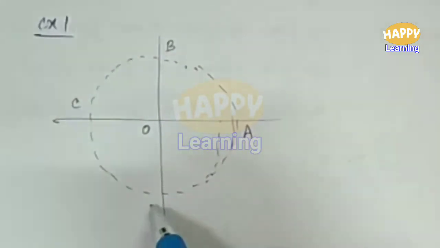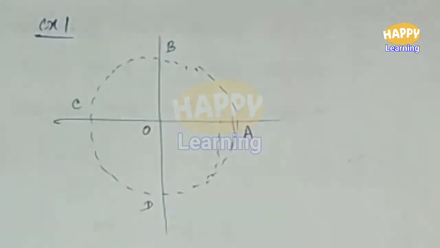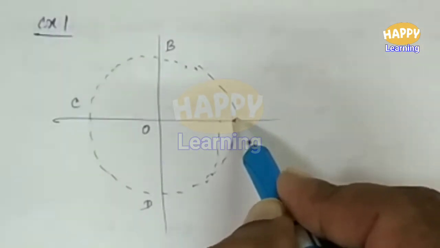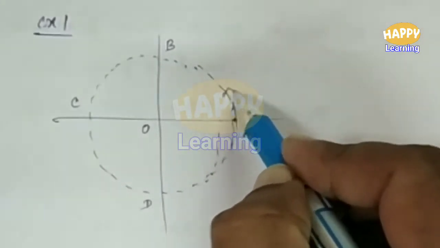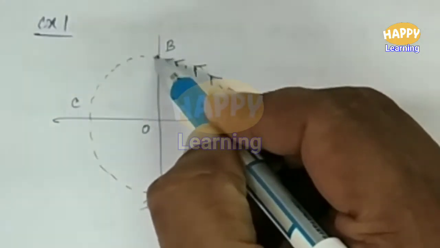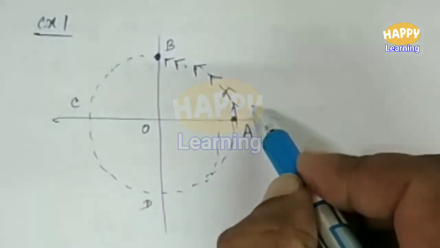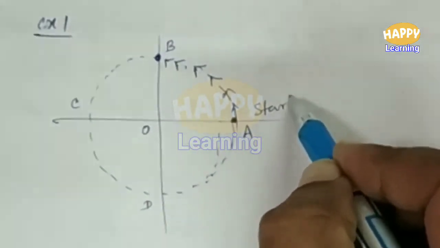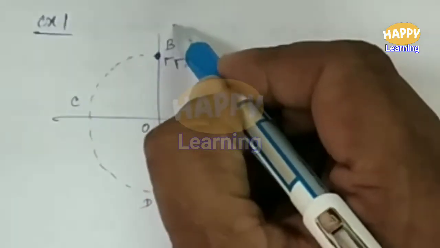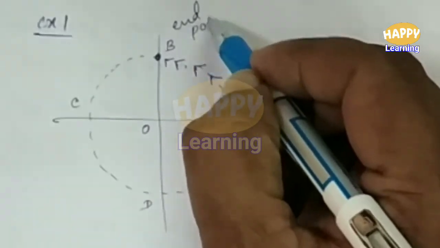Note down the points A, B, C, D. A particle has moved from A up to B along this circumference, along the arc AB. So A is the starting point, B is the end point.